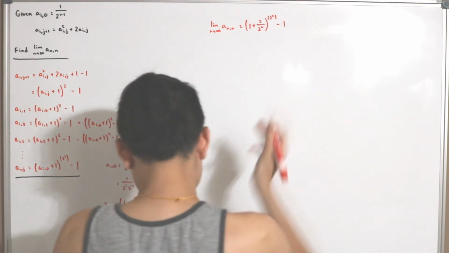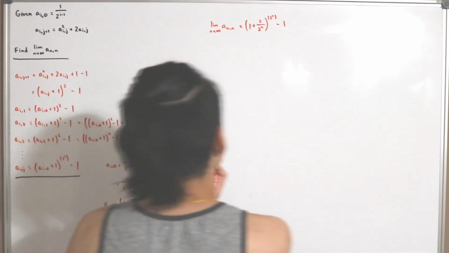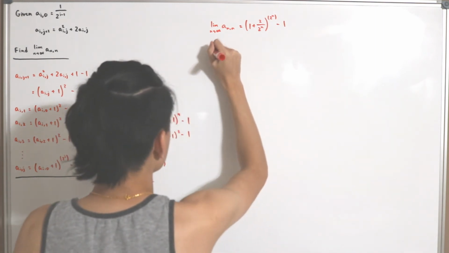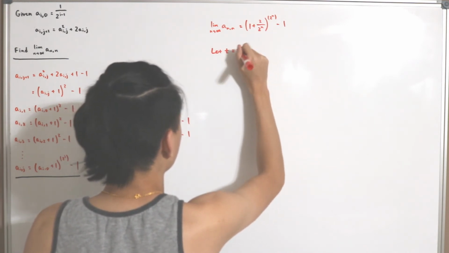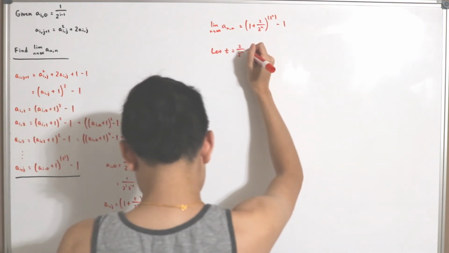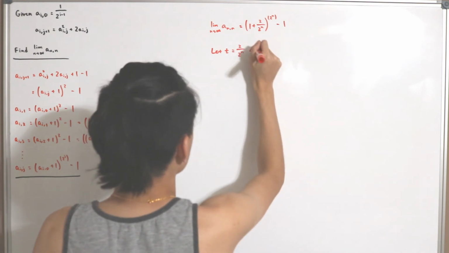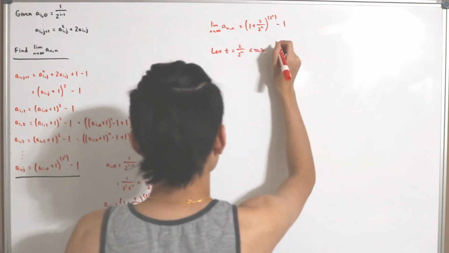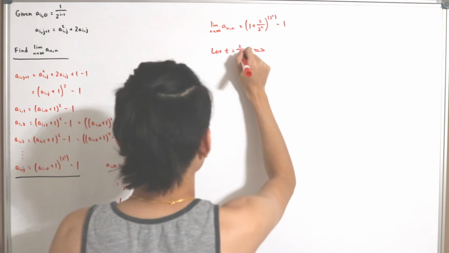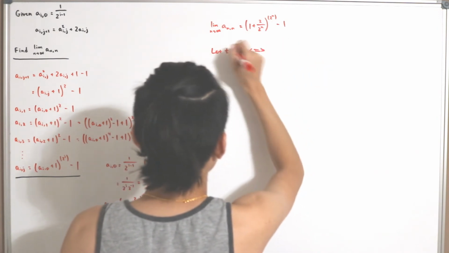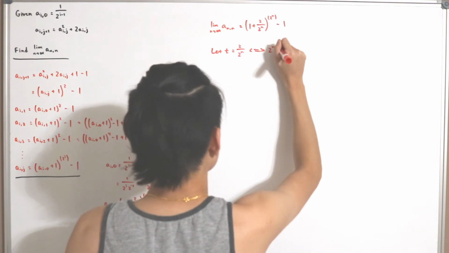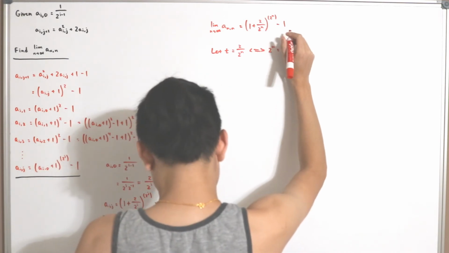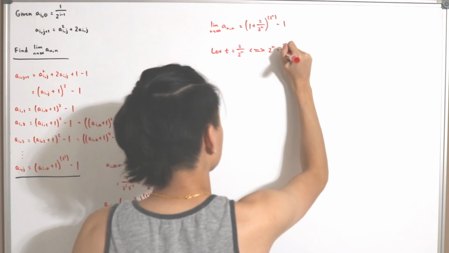Okay, so now let's do some substitution. We're going to let t equal 2 divided by 2n. And now let's fix this a little bit. I can multiply the 2n to the other side and divide by t, so we have 2n is equal to 2 divided by t.